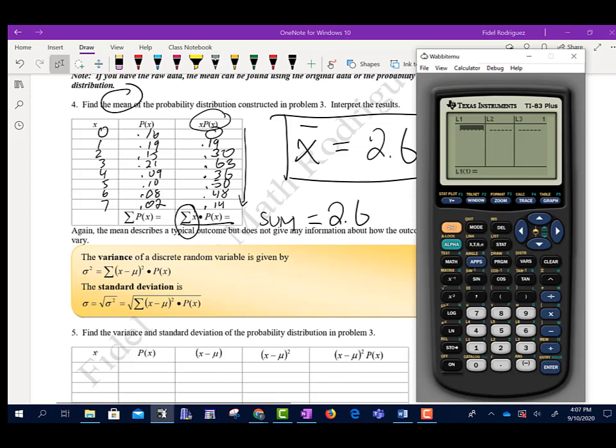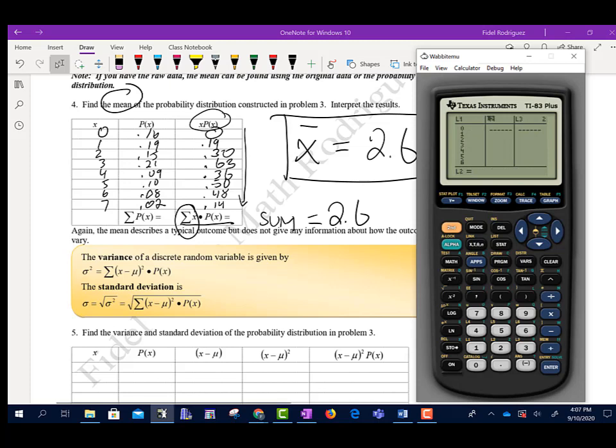In list 1, I'm going to put in the numbers 0 through 7: 0, 1, 2, 3, 4, 5, 6, 7. Enter. Then I'm going to scroll all the way to the top and go to list 2.